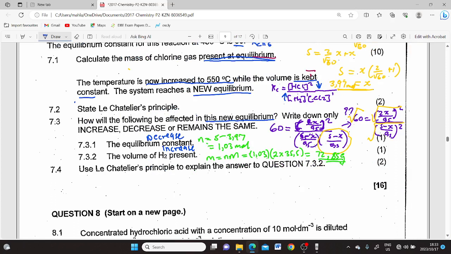Use Le Chatelier's principle to explain the answer in question 7.3.2. Right? From Le Chatelier's principle, we're going to say the temperature was increased, of course.